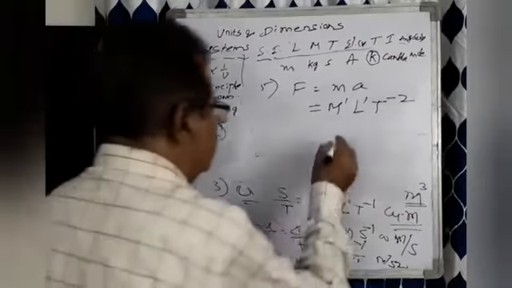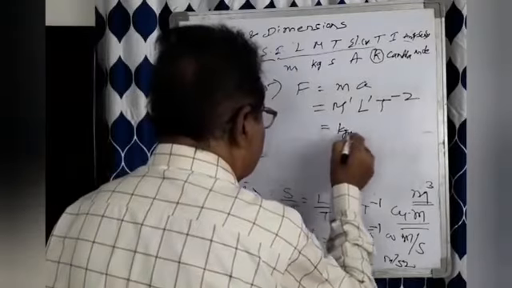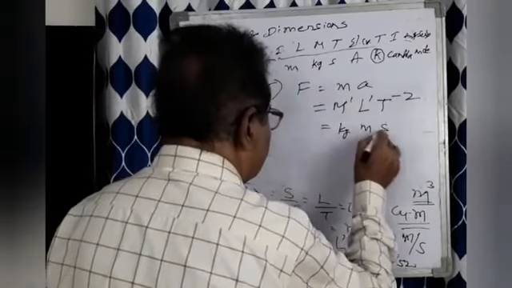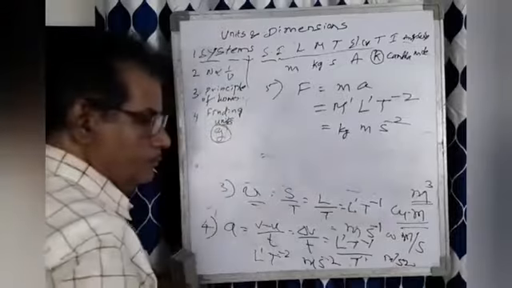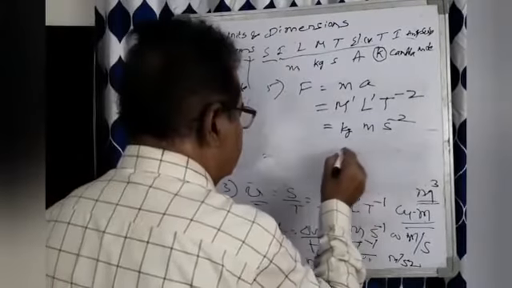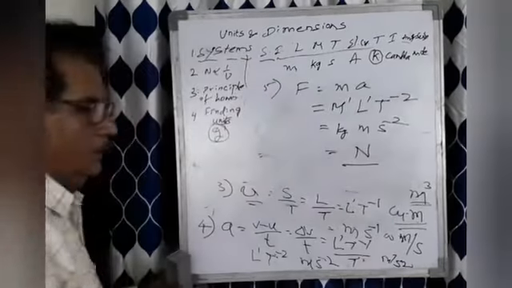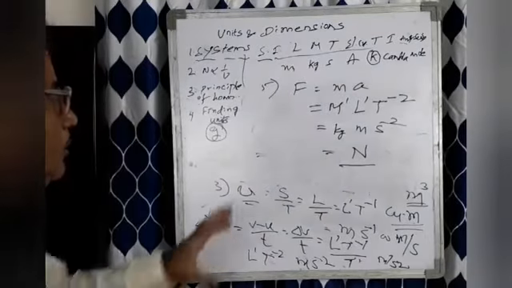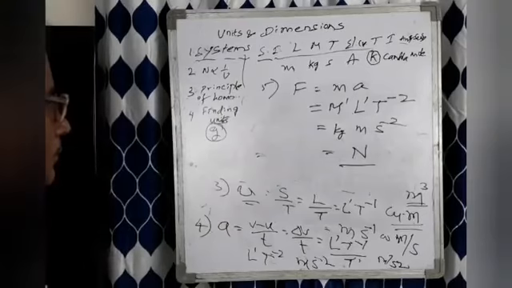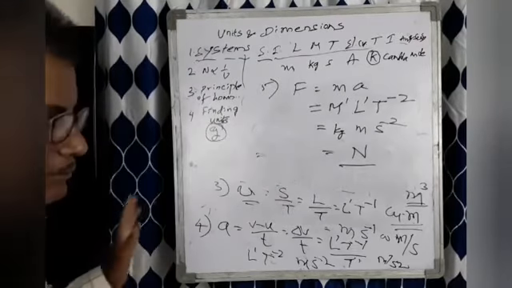Now this is kg meter second inverse 2. This kg meter second inverse 2 can be written as Newton. Like that, you can play with the physics if you just know certain things.